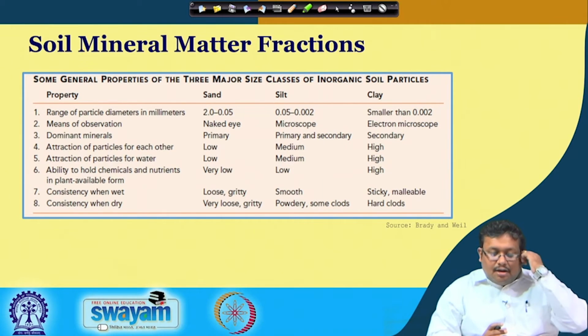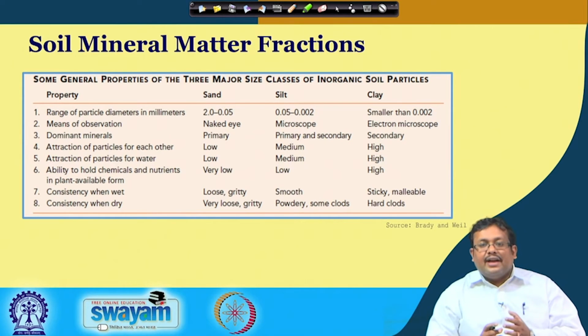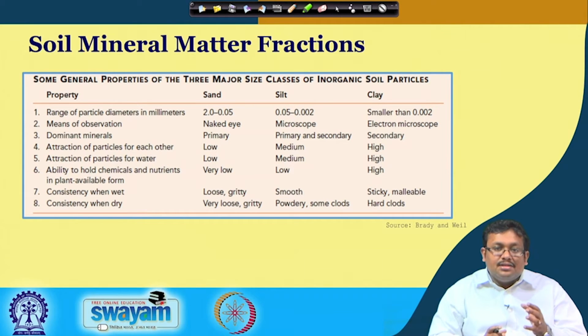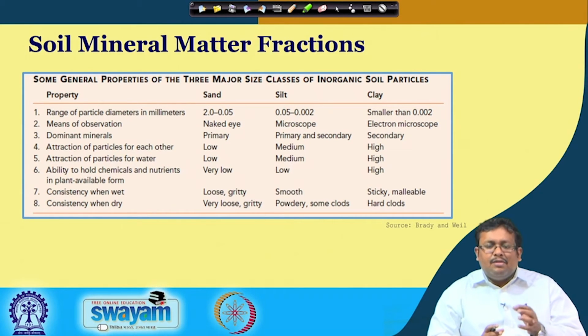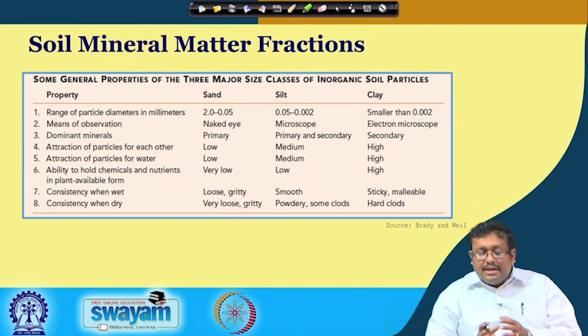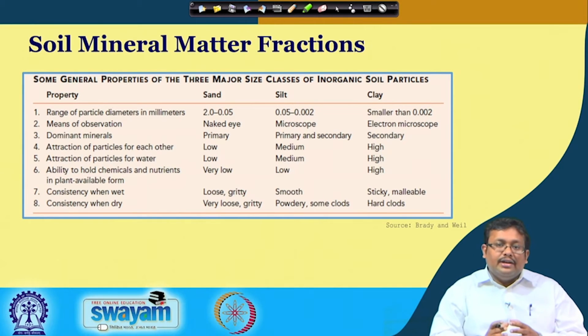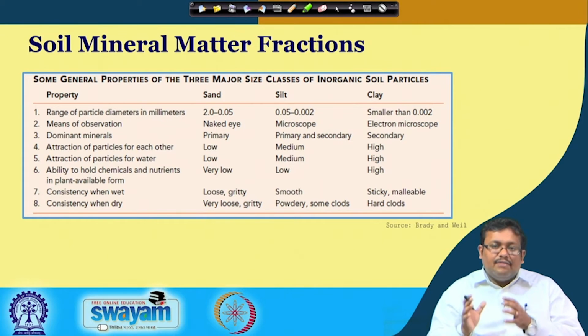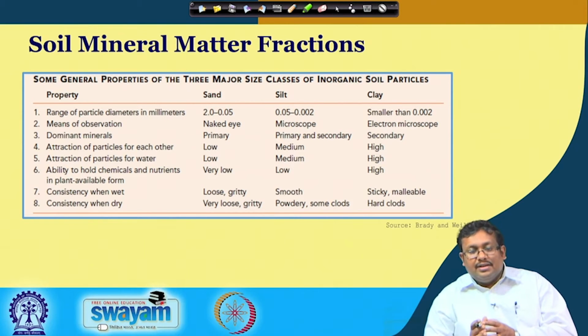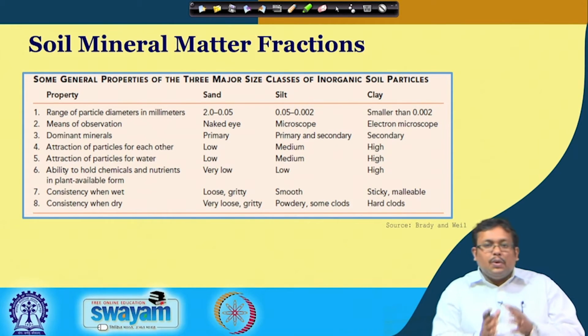Now, in the case of sand and silt fractions, you will see dominance of primary minerals, with some amount of secondary minerals in silt. However, clay will have dominance of secondary minerals. We will discuss in detail what the primary minerals and secondary minerals are.